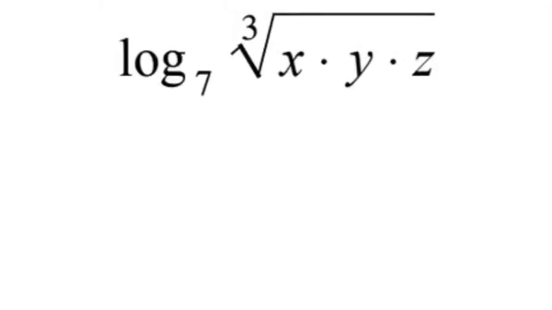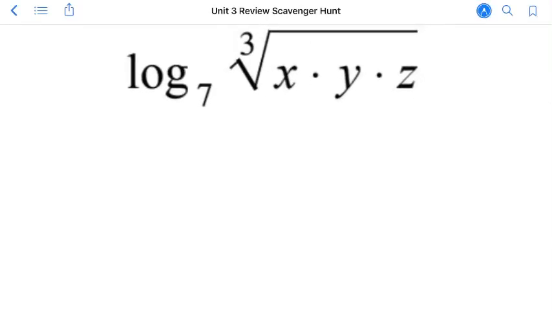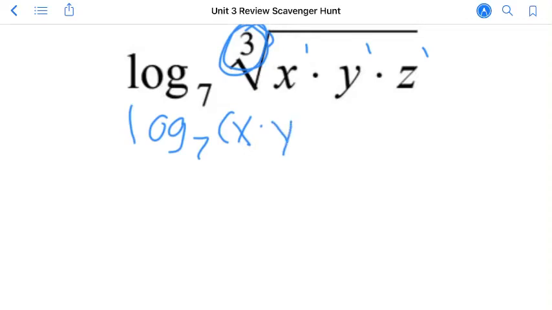We first want to deal with the cube root. So this cube root, all of these have 1 understood in the exponents. So to change this into an exponent, we have log base 7 of x times y times z to the 1/3. Then we're going to take care of the exponent by putting it into the front.